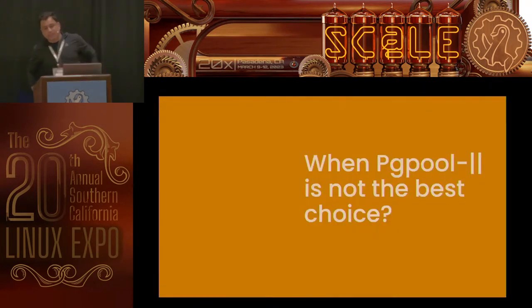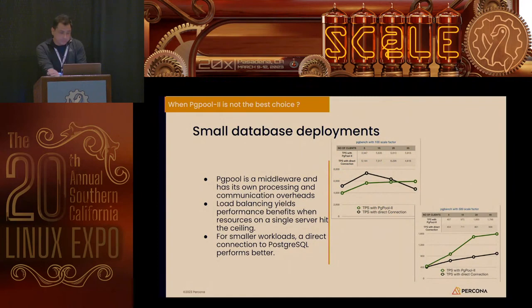Now the other part: when Pgpool-II is not the best choice, for example for small deployments. This is a benchmark I did a few years back on a very small machine, just to see the performance of load balancing.